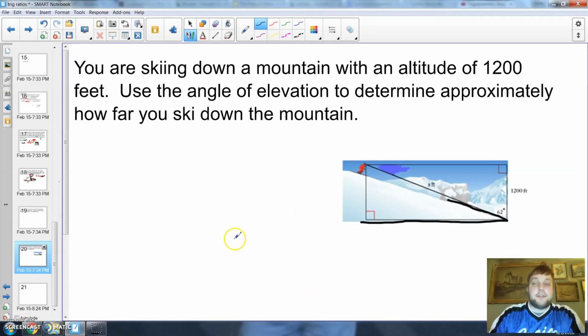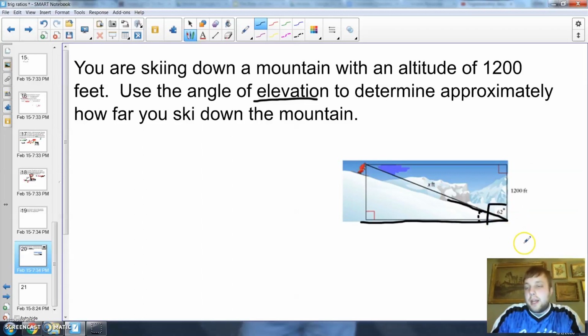So here's my angle of elevation. Sorry, I paused it because it's talking about the angle of elevation here. Well, this wouldn't be the angle of elevation, actually. This would be the angle of elevation. I want to pause it and get my thoughts straight. I want to know exactly how far my x is. 62 degrees is here, and I know this is a right angle.